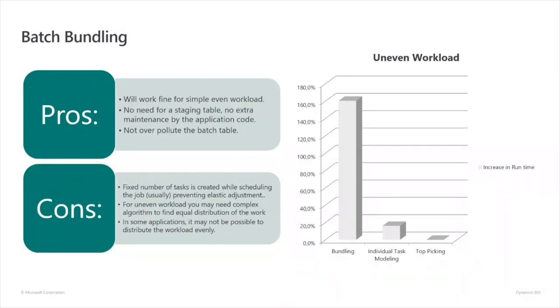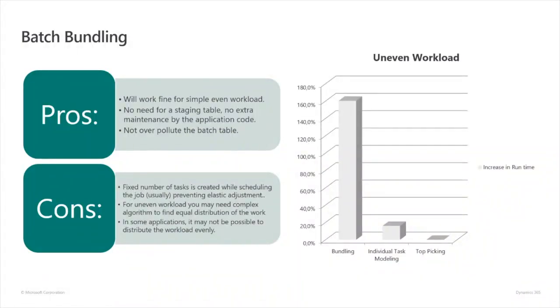Some cons are that a fixed number of tasks is created while scheduling the job, and it is preventing elastic adjustment. So for uneven workload, you may need to create a complex algorithm to find equal distribution of the work, and that can be quite a complex activity.